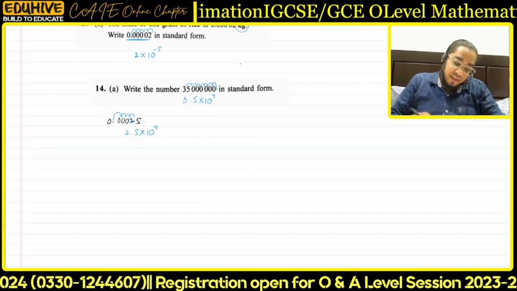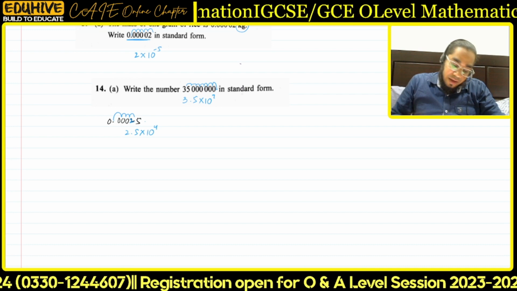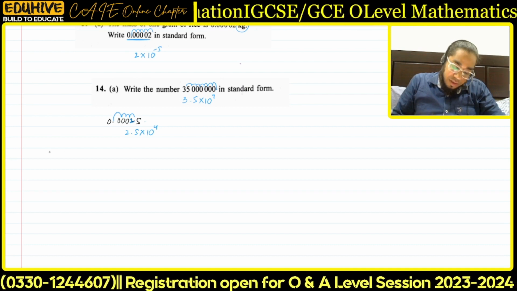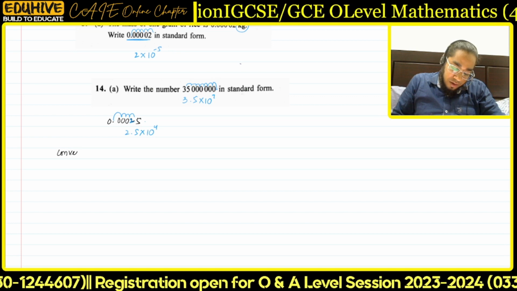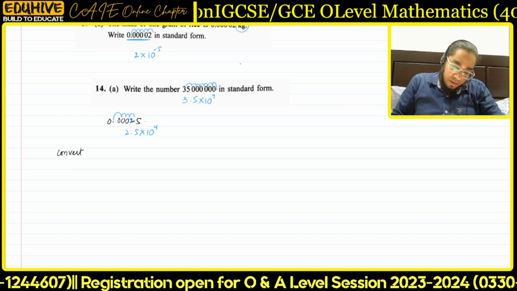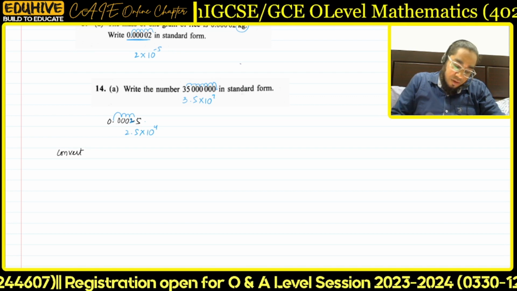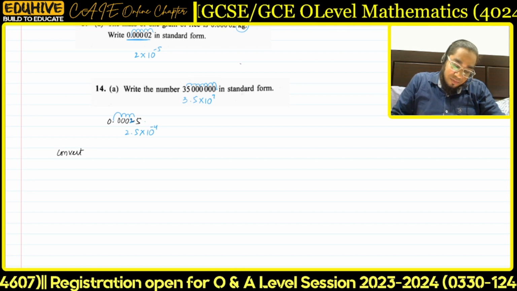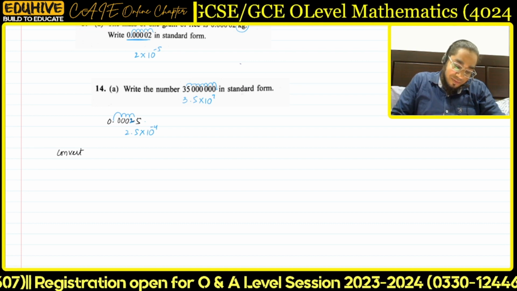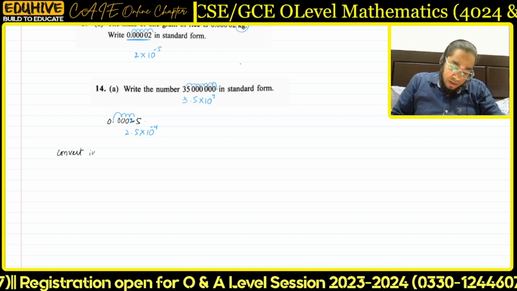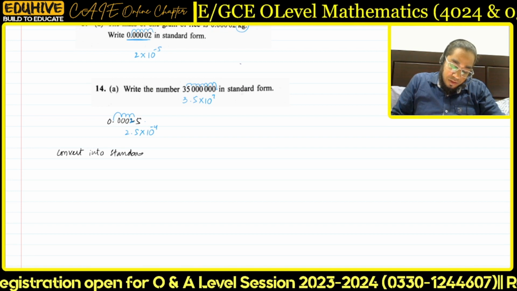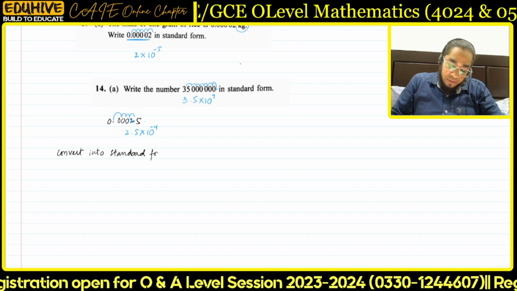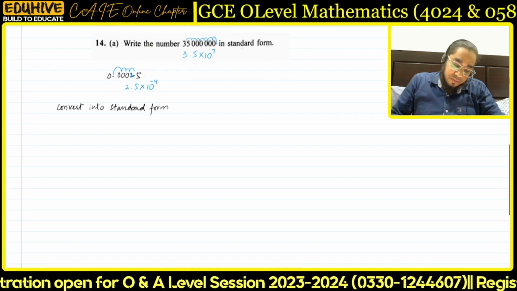So I'm writing some numbers for you, and you are going to convert these numbers into the standard form. Sorry, I forgot minus 4. Sorry, Simra. Convert into standard form.